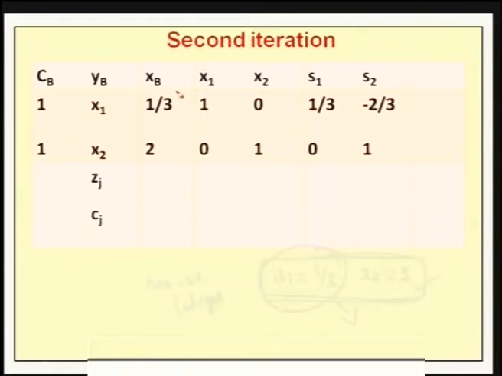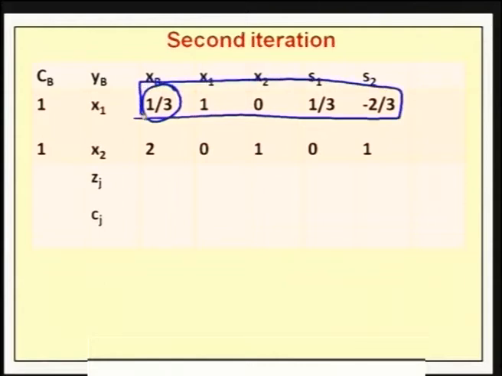For that, we consider the fractional value of xBi. In this problem, only one xBi has a fractional value, which is 1 by 3. Therefore, for this problem, this is our source row. So, our xB equal to 1 by 3.